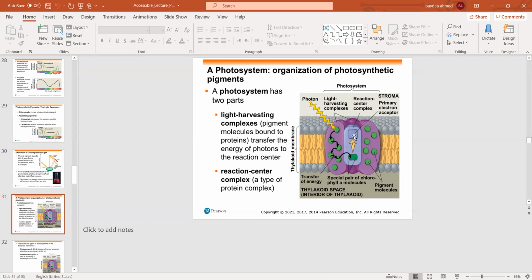When a pigment molecule absorbs a photon, the energy is transferred from pigment molecule to pigment molecule within a light harvesting complex, like a human wave at a sports arena, until it is passed to the pair of chlorophyll molecules in the reaction center complex, which boost one of their electrons to a higher energy level and transfer it to a different molecule, the primary electron acceptor, a molecule capable of accepting electrons and becoming reduced.